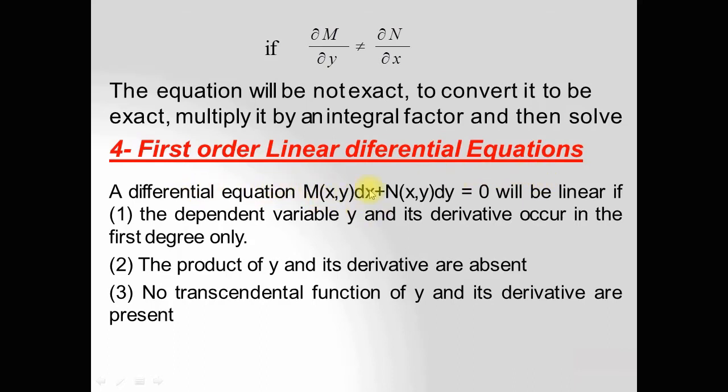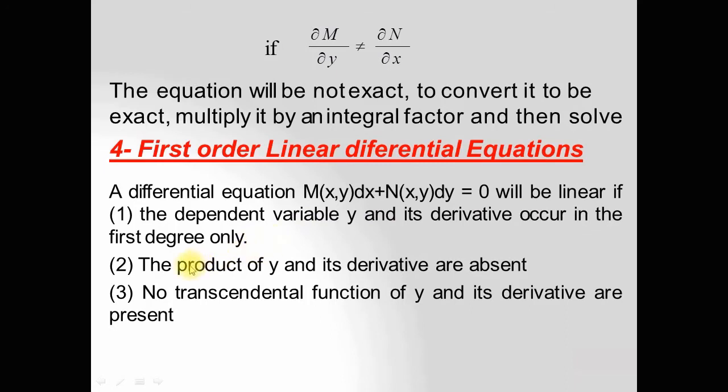A differential equation of the first order M dx plus N dy equal to 0 will be linear if these 3 conditions are satisfied. The dependent variable, say y, and its derivative occur in the first degree only.